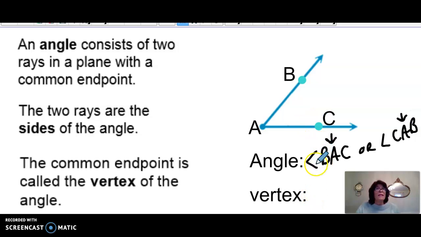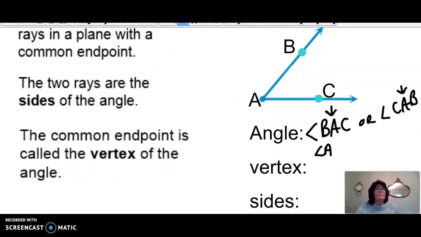Sometimes you'll even see it labeled just as angle A. It's proper notation to use capital letters for the sides and vertices of angles, okay? But this is either angle BAC, somebody else might call it CAB, someone else might just say angle A, but we're talking about this angle, okay?